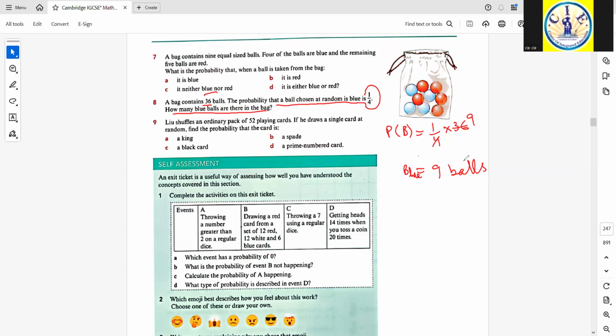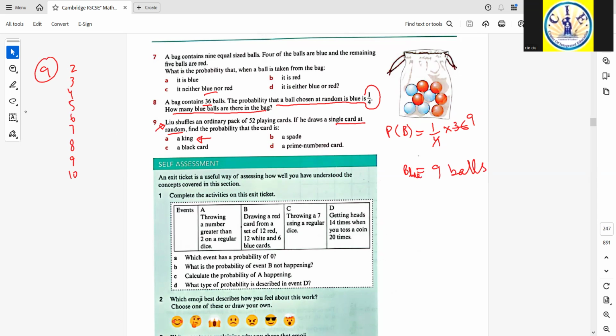In question number 9, Liu shuffles an ordinary pack of 52 playing cards. If he draws a single card at random, find the probability that the card is a king. That means, as you know, that for this, we have got numbered cards from 2, 3, 4, 5, 6, 7, 8, 9, and 10.